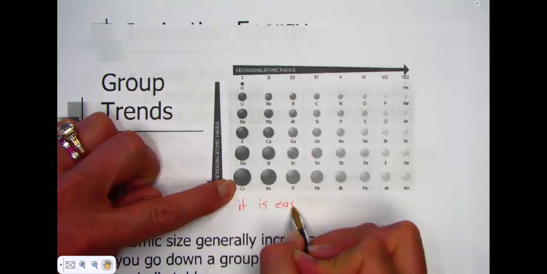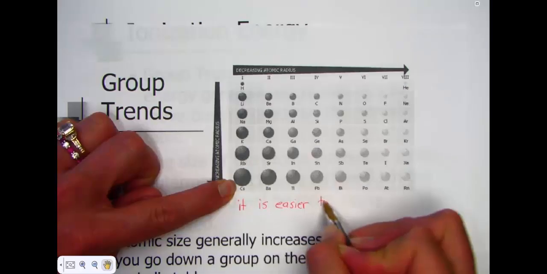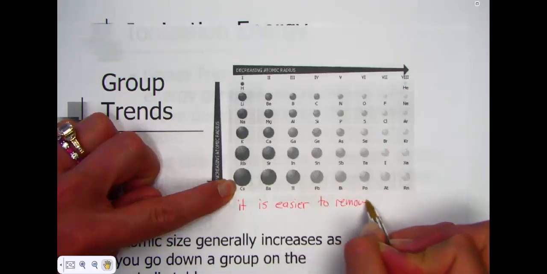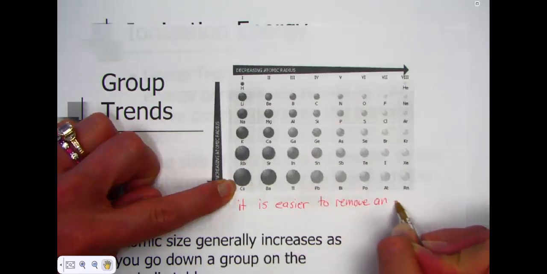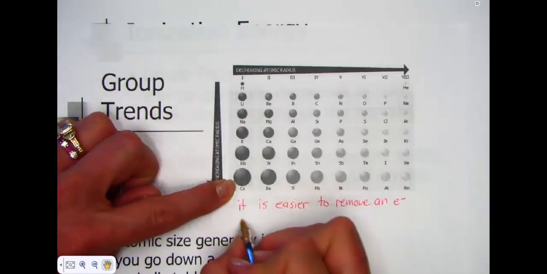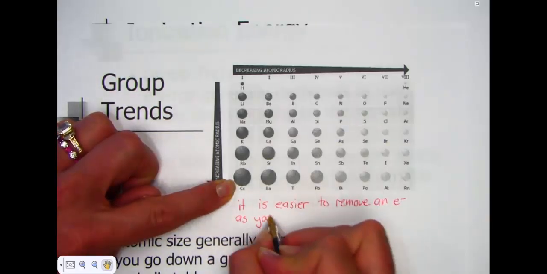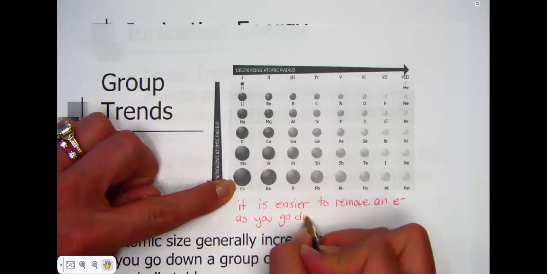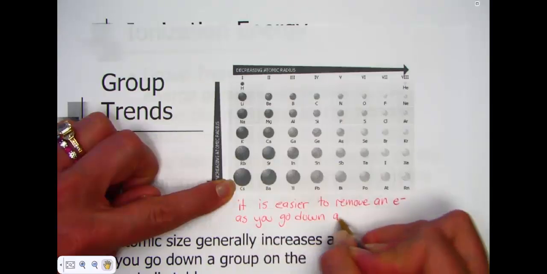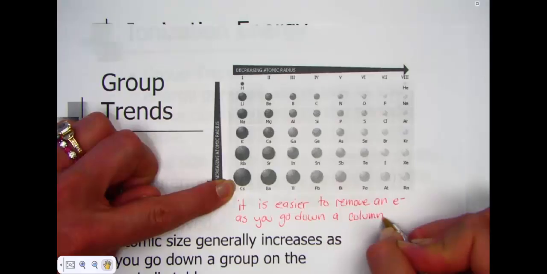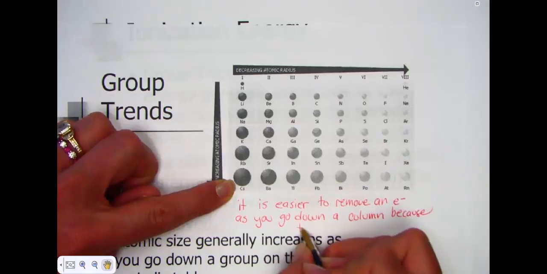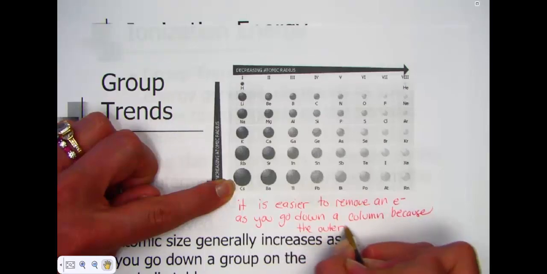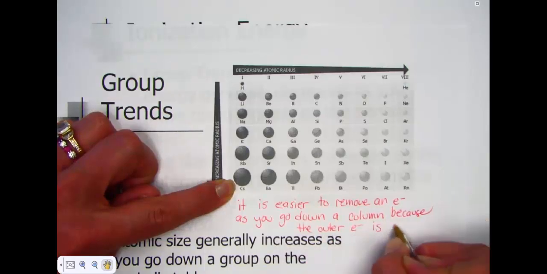It is easier to remove an electron as you go down a column, because the outer electron is farther away from the nucleus.